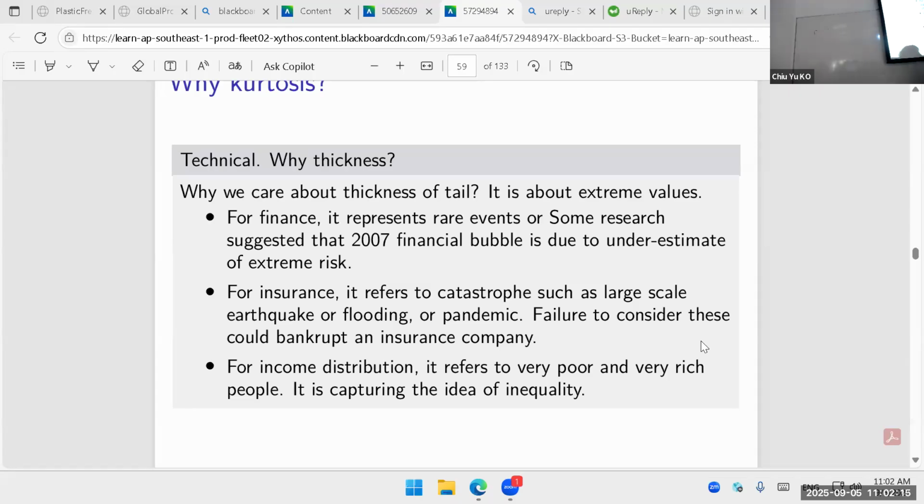And these days, kurtosis is also measuring what we call inequality, because it measures how rich and poor people are; kurtosis is one way to do it, because it measures how different they are.